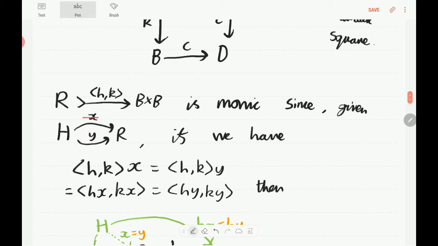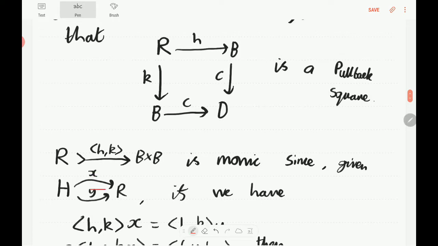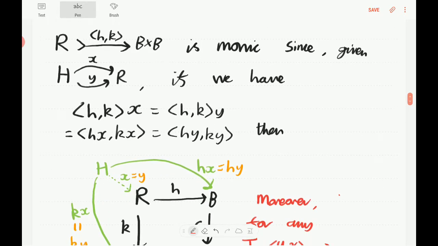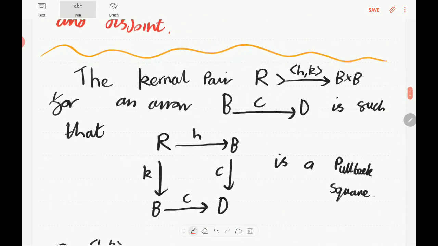And moreover, if we have a pair of arrows X and Y from H to R, then X, Y is in this kernel pair H, K if and only if C after X equals C after Y. And that's another way of defining what a kernel pair is.